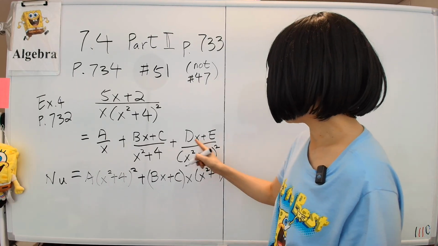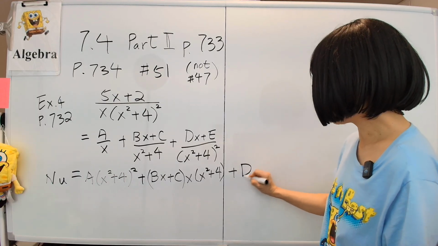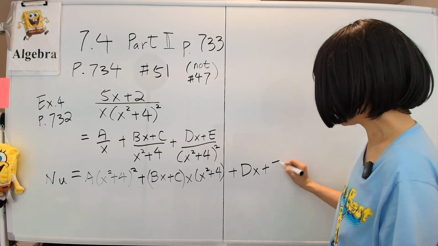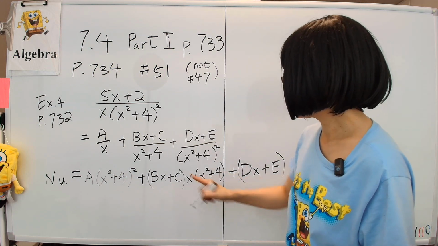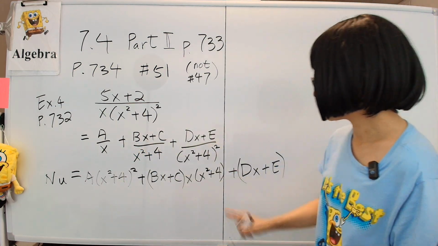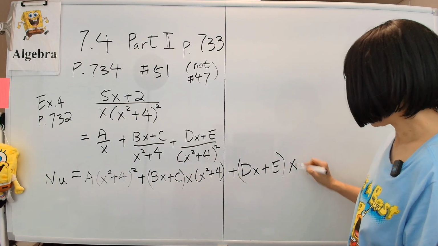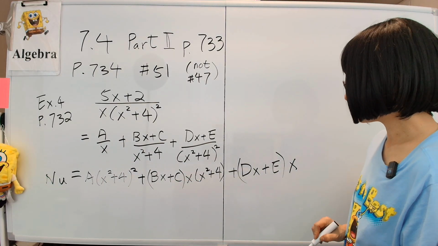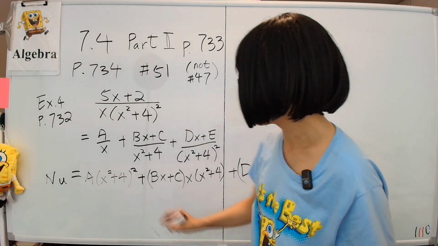And then finally, the last term, dx plus e, will be multiplied by just x, because it has this thing, but it still needs that. So that is that.